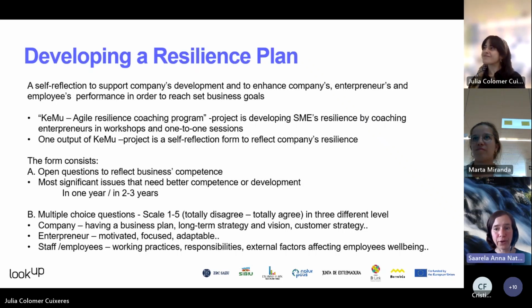The third and last layer or level is your staff or your employees, if you have any. This part asks for your company's working practices, whether each employee has clear responsibilities that he or she needs to do.